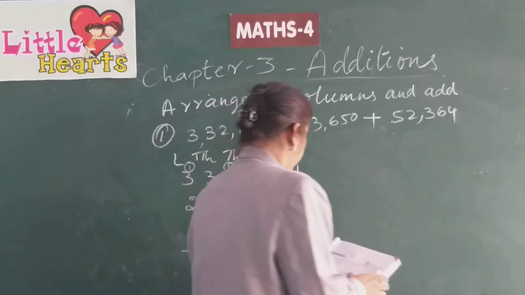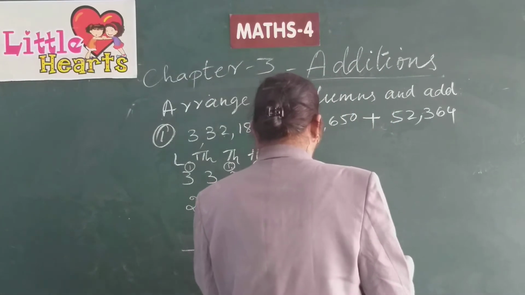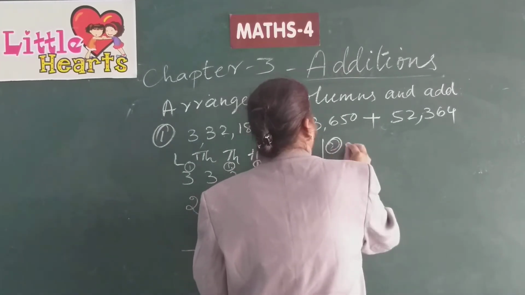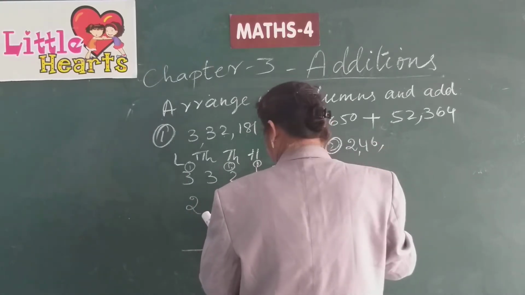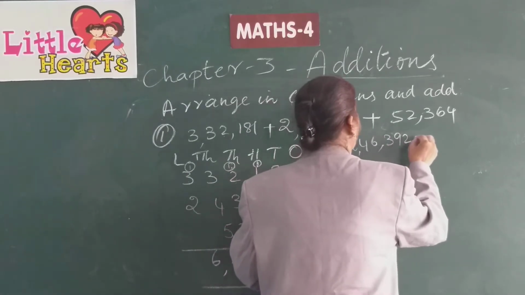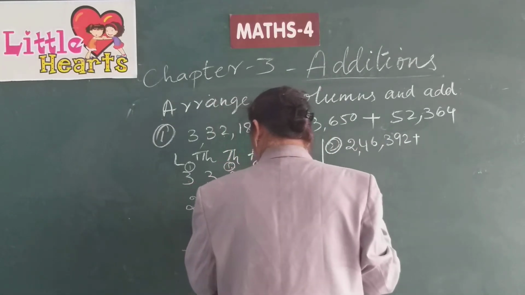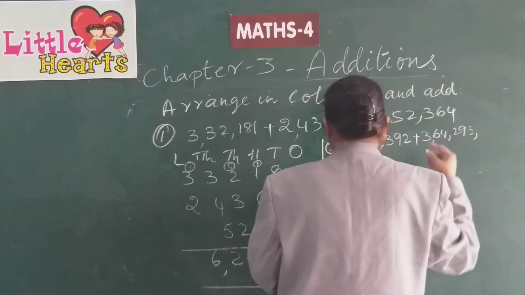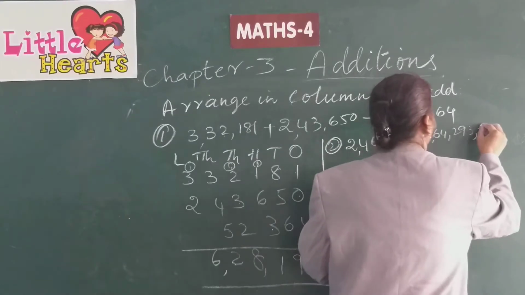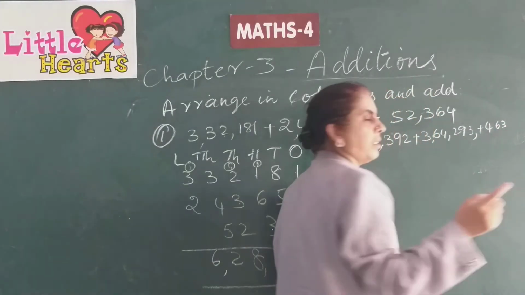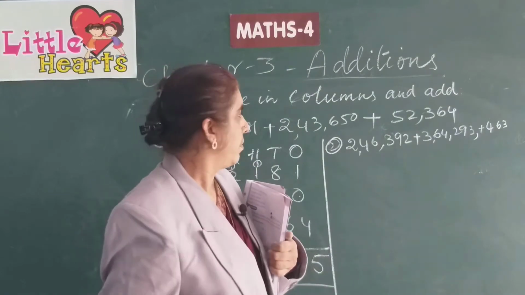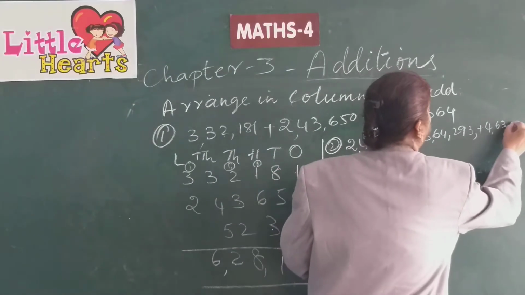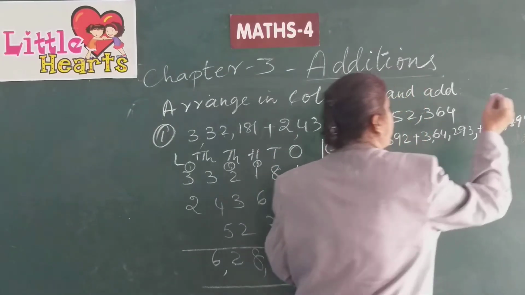Now add this. Second problem: 2,46,392 plus 3,64,293 plus 4,63,899.